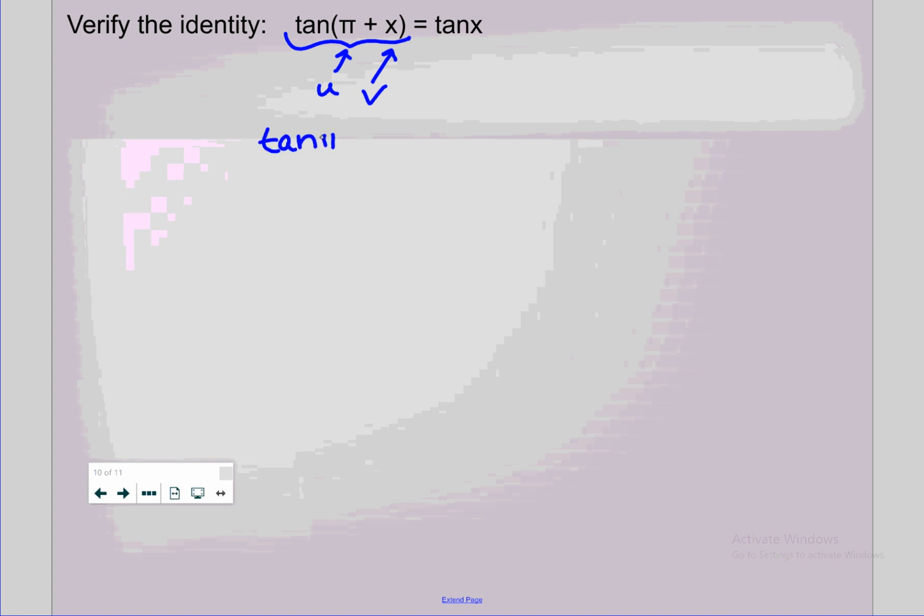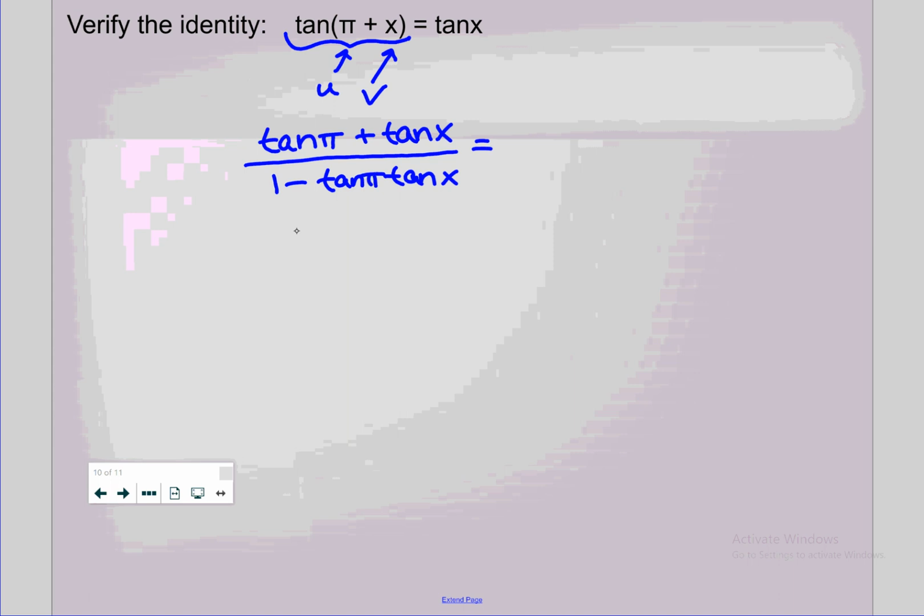Tangent pi plus tangent x over 1 minus tangent pi tangent x. Then I look for anything I can simplify from my unit circle. Tangent of pi, I can simplify on my unit circle. What is the tangent of pi? Pi on the left side there, it's the y divided by the x.